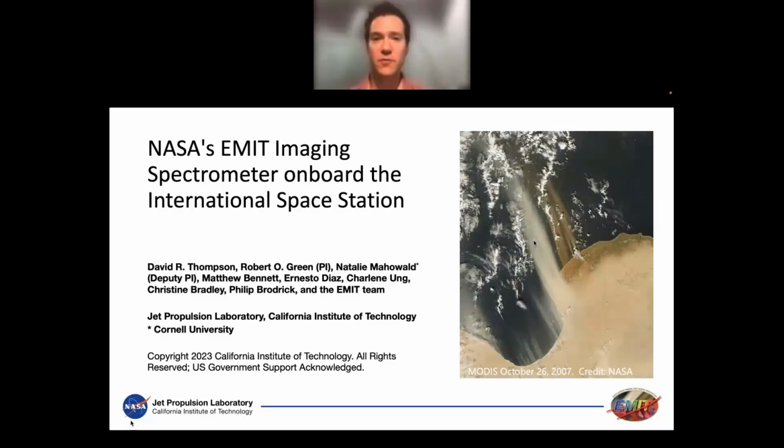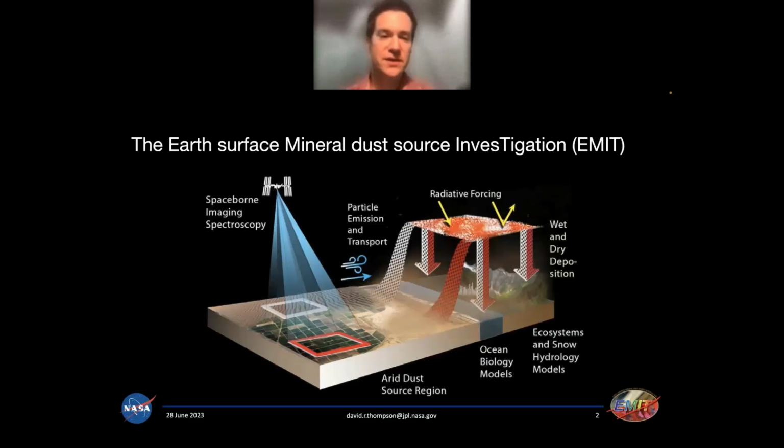There's been a lot of work modeling this in Earth system models, but it really lacks the information about mineral dust composition. So EMIT intends to close that gap by observations from the International Space Station. Here's a cartoon that describes the process. From our vantage point on the International Space Station, the EMIT imaging spectrometer is going to map the geology of dry lake beds and playas and arid lands worldwide. It's not going to try and find the dust in the atmosphere, but rather to map the mineral composition of the surface.